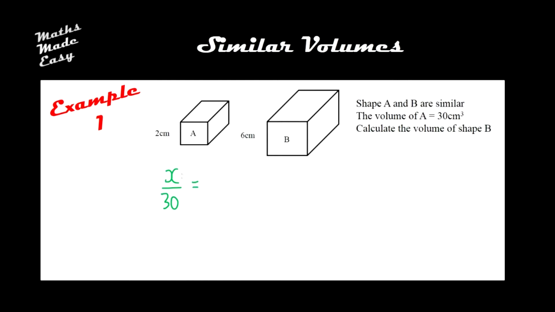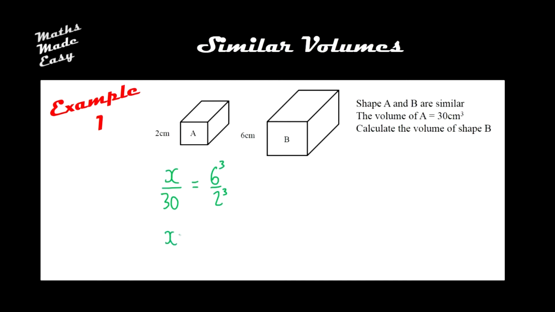And then that here is my volume scale factor. My length scale factor would be 6 over 2, like so, and making sure that I am consistent and have the larger on the top, because over here I had the larger volume on the top. Now if this is a volume scale factor and this is a length scale factor, then I need to put some cubes on my length scale factor to make this question work.